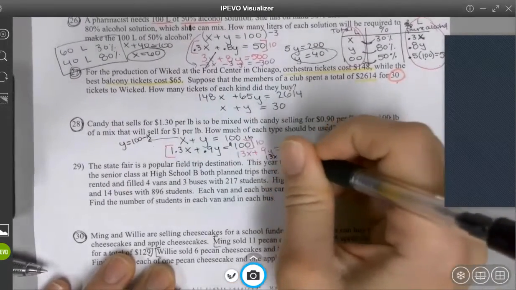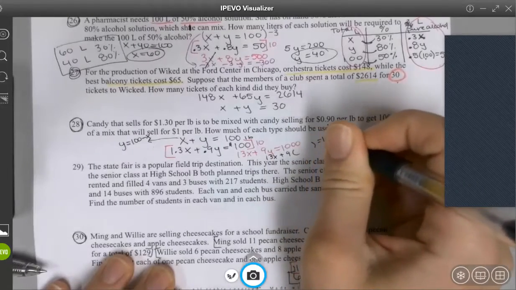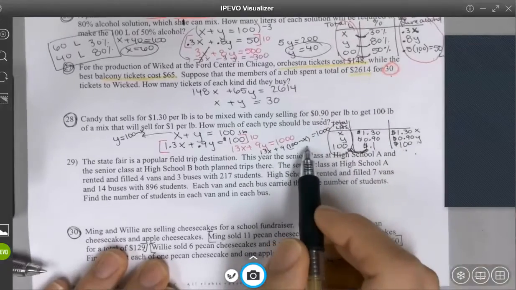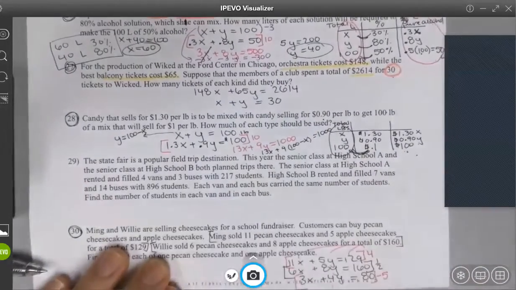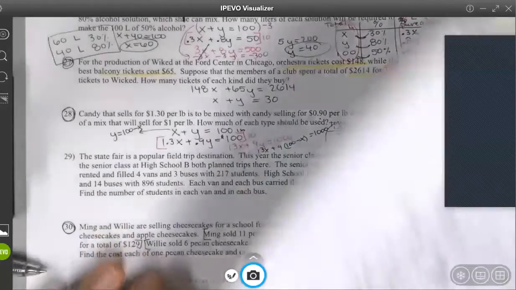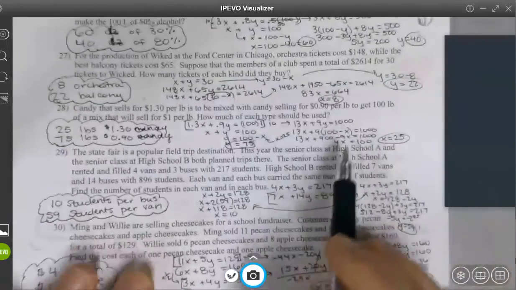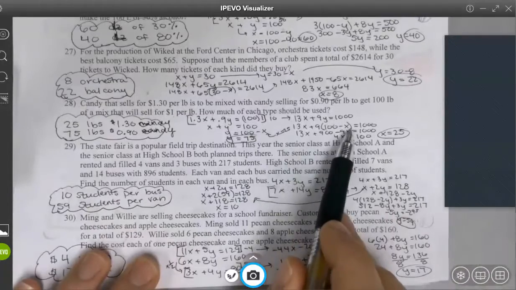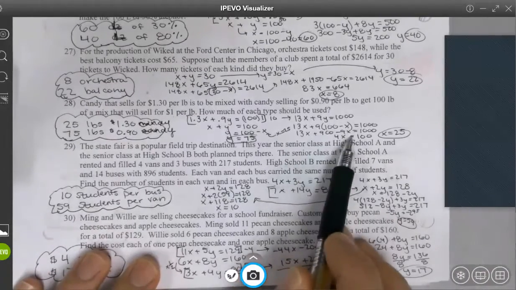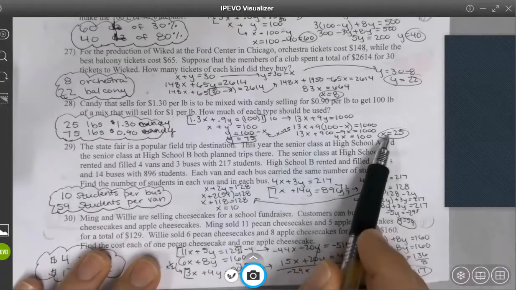So 13x plus 9y equals 1,000, and I plugged in 100 minus x here. Plugging that in, distributing through, the math ends up being pretty easy here. We get 4x equals 100.